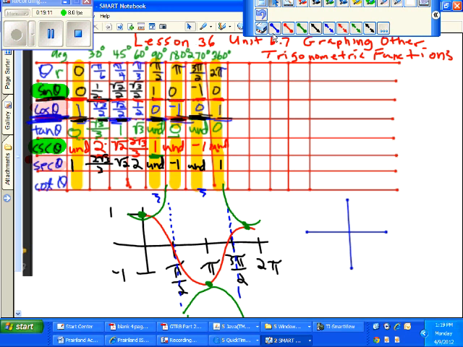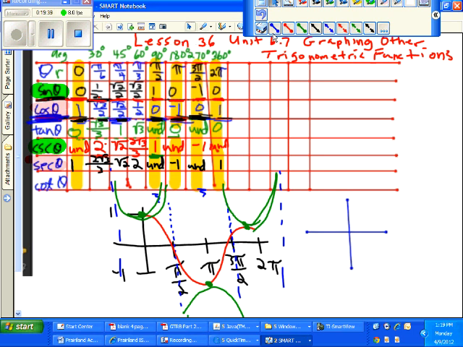Okay? Any questions on that? So if we went on out a little bit and we drew that next asymptote, we would obviously have this situation. If we came out here and drew the next asymptote, we would have this situation, and that would just continue to repeat itself. Okay?